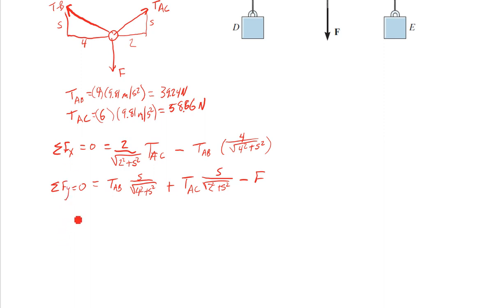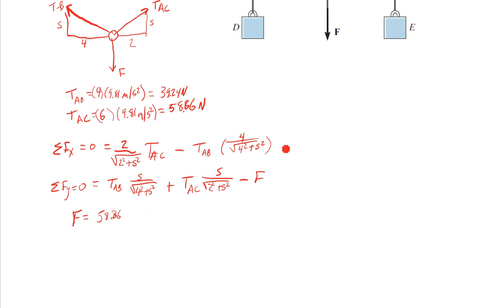So I'm going to start with the X equation to find S. Okay, sorry, let me start over with that.